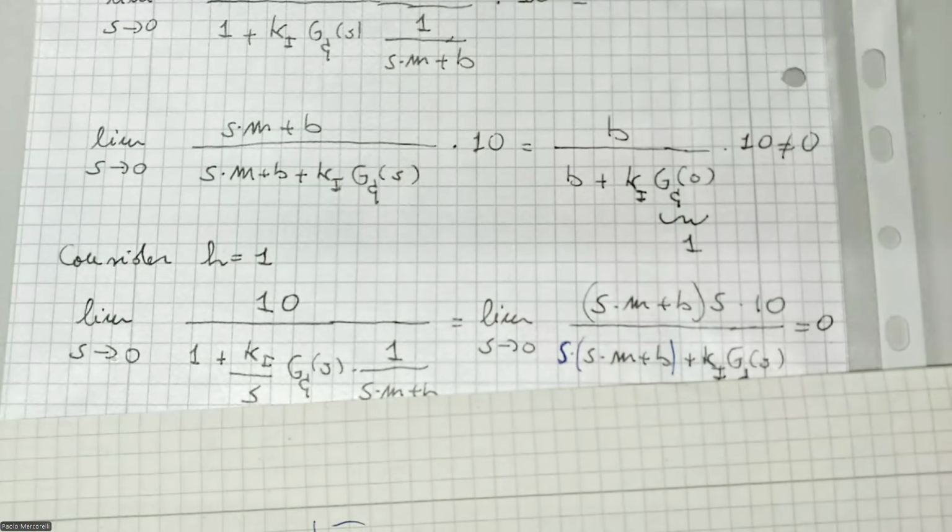There is an internal model principle which says I have to have in the open loop structure the part of the transfer function, the Laplace transform of the signal which I have to track. I have to replicate this. This is the principle.